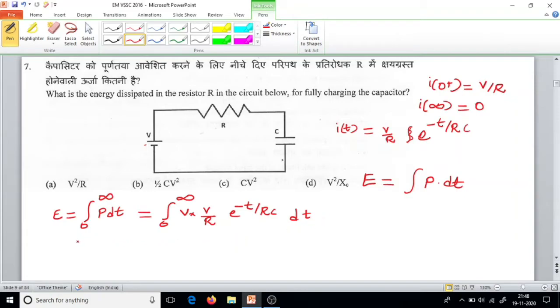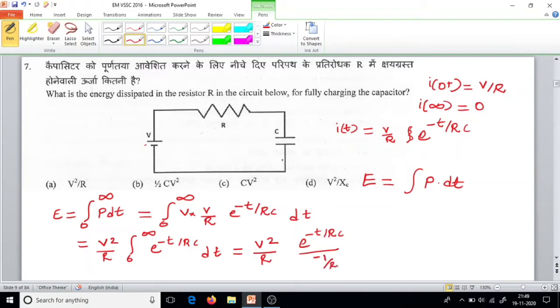So this equals V square by R, which is a constant. Now we integrate e to the power minus T by RC dt, which gives e to the power minus t by RC divided by minus 1 by RC.